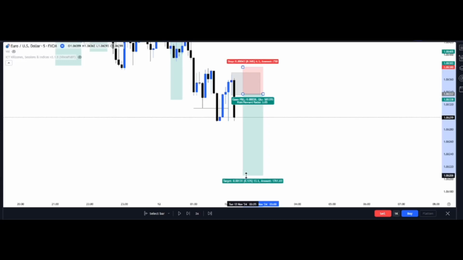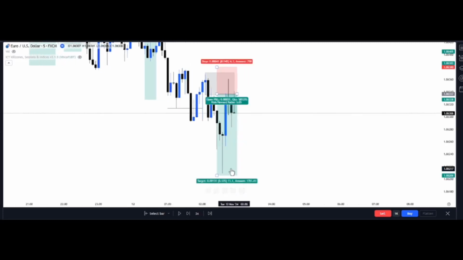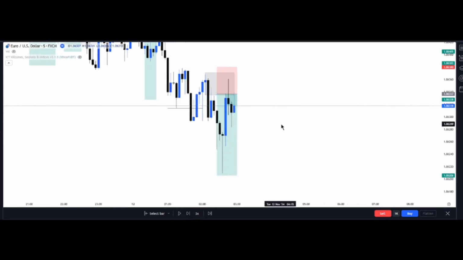Okay, this is about 1 to 3 or 3.5, but let's play price and see what happens. Okay, we have been taken into the market right there. Boom, our TP has been smashed.